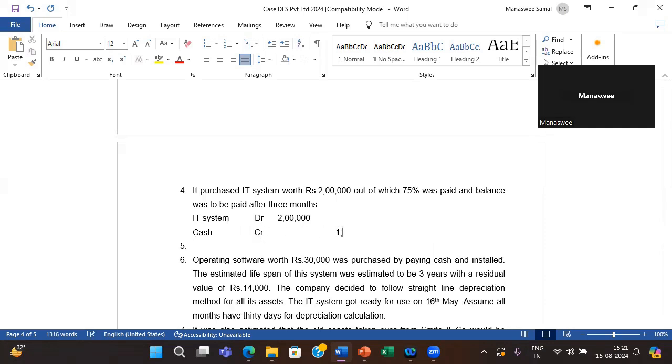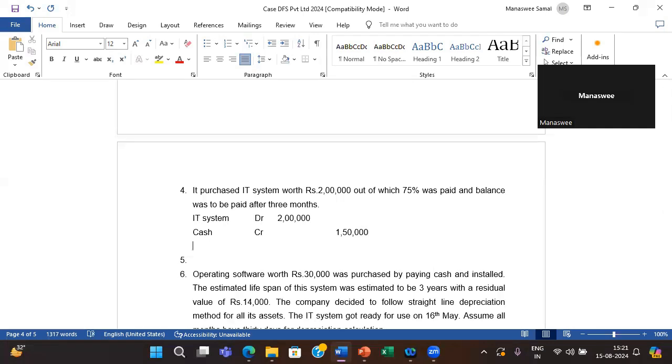That is 1,50,000 rupees. Then the balance is payable. So as usual, we'll style the name of the account in such a manner that it will be evident what it is all about. So payable for IT system, okay, and that will be credited.